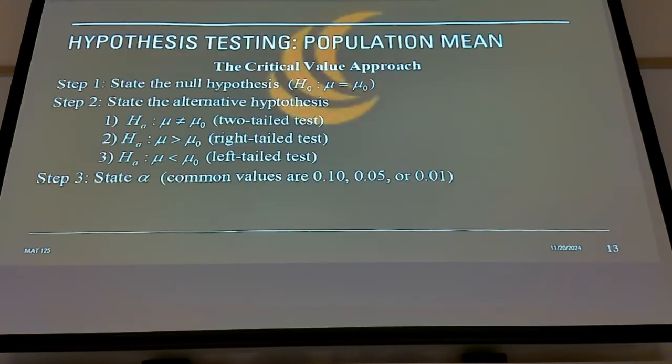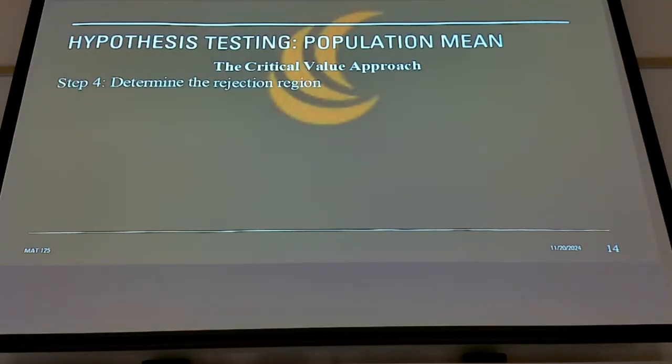Next, you want to determine when we're going to reject the null. All right, so that's the rejection region.